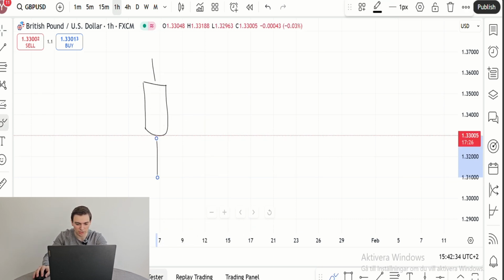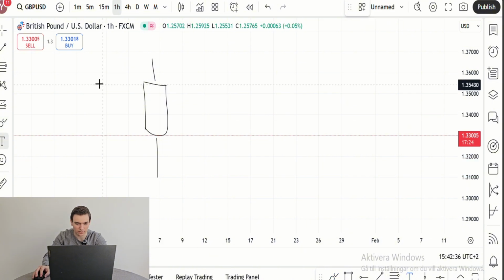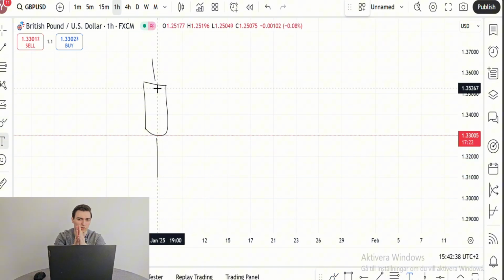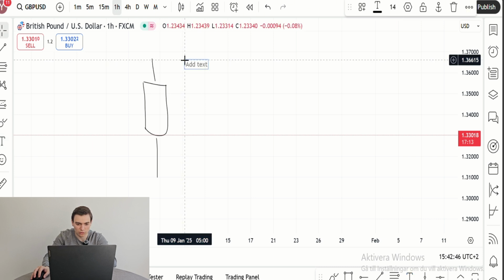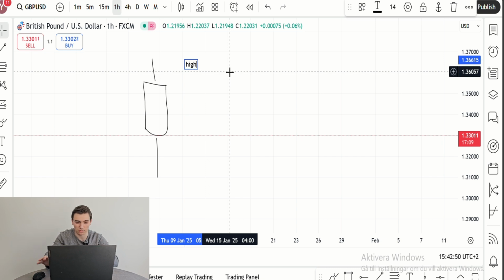As you can see, this is 1 candlestick right here. This is 1 candle. It doesn't matter if it's a bullish or a bearish candle. When there is 1 candle, the upper wick, the wick that is on the upside, will be called the high of that candle.